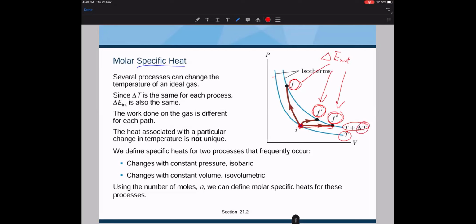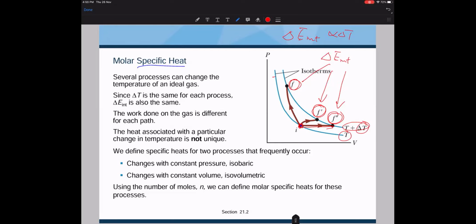And if the internal energy change is only related to the temperature change, because as we just saw, E_int, the internal energy, is proportional to temperature, so delta E should be proportional to delta T, nothing else.